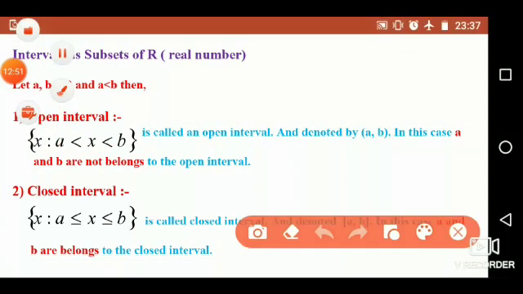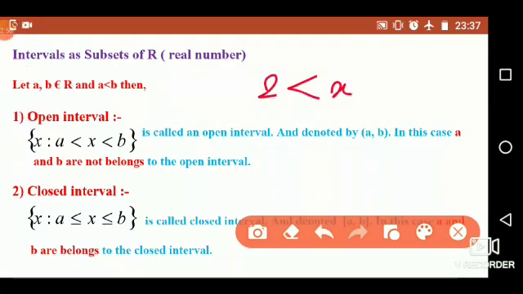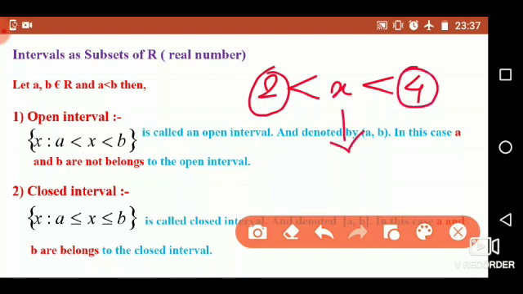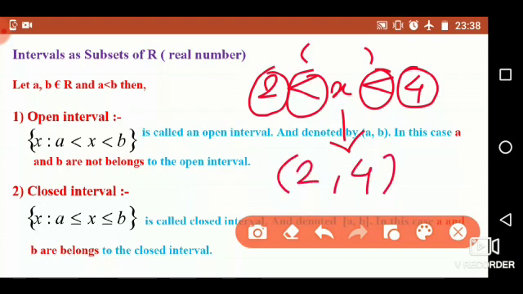For example, suppose the set contains x such that 2 is less than x less than 4. The elements which lie between 2 and 4 are the only members of the open interval set. This symbol represents an open interval. We sometimes represent it by the small brackets. We can write like this: (2, 4). The elements between 2 and 4 are the only members of the given set.